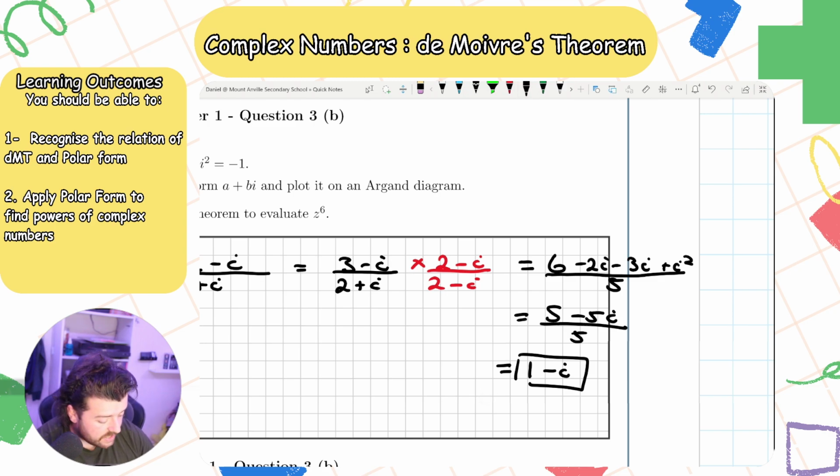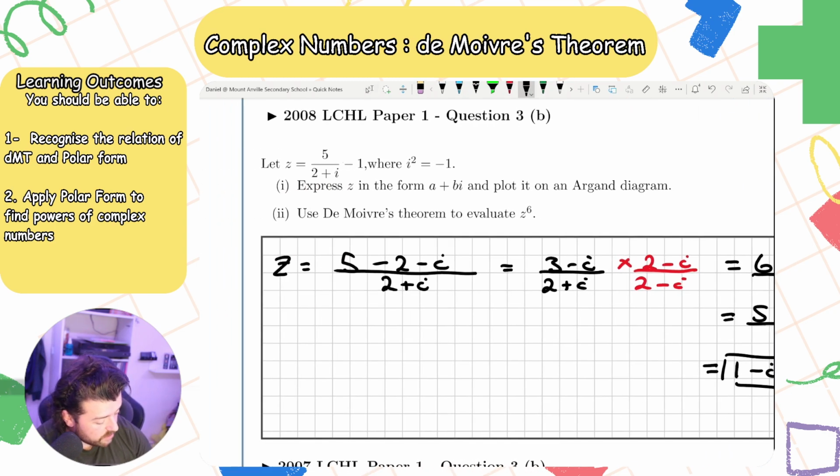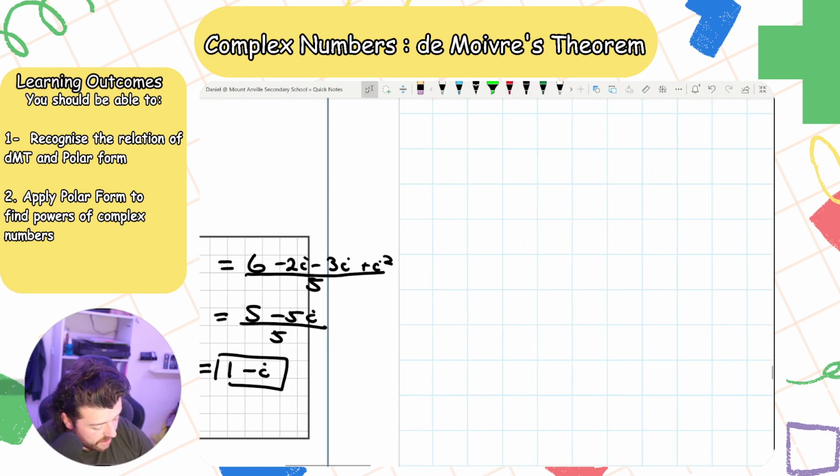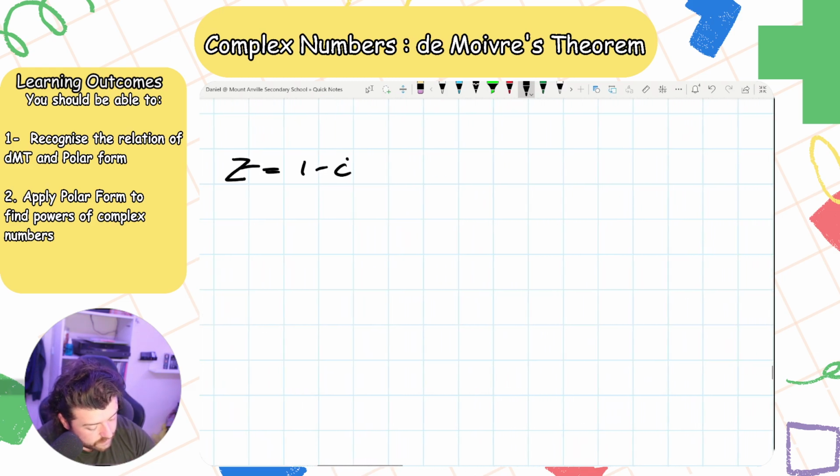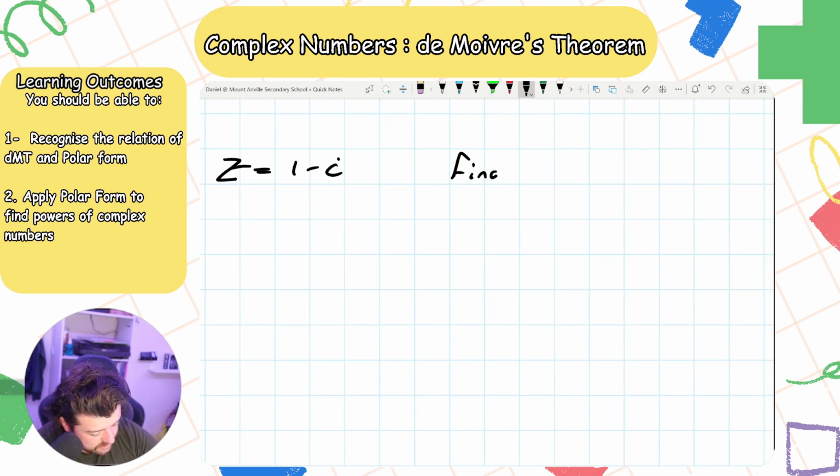So that is simplified out to 1 minus i. So now let's find z to the power of 6 within the question.